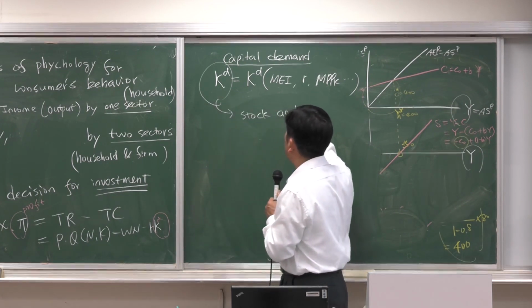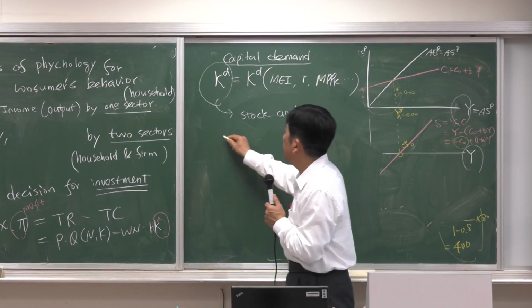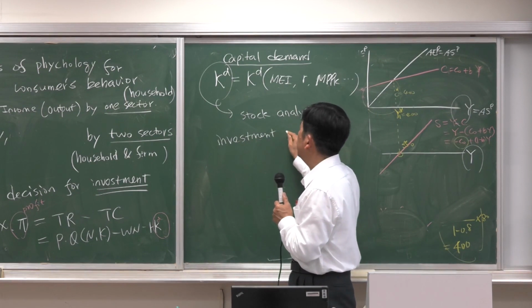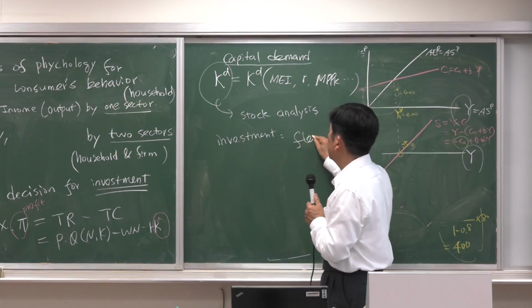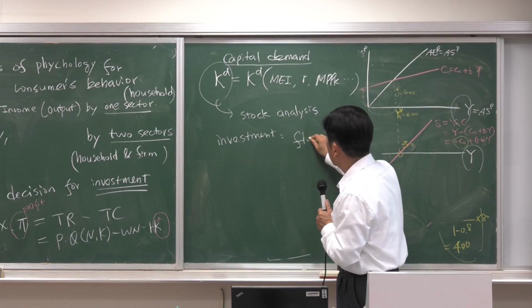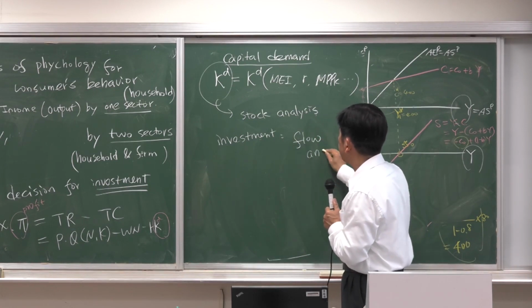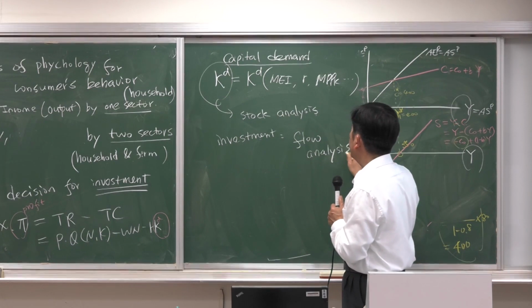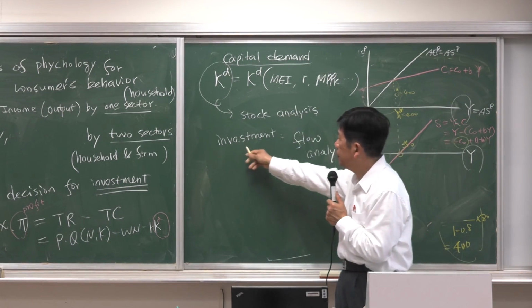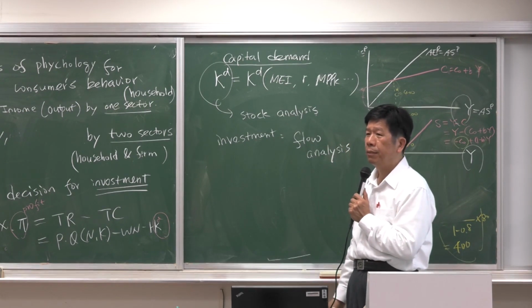analysis. Okay, stock analysis. But the investment belongs to the flow analysis. The flow analysis. I'm not sure, do you know what's different between the capital demand and the investment? What's different?